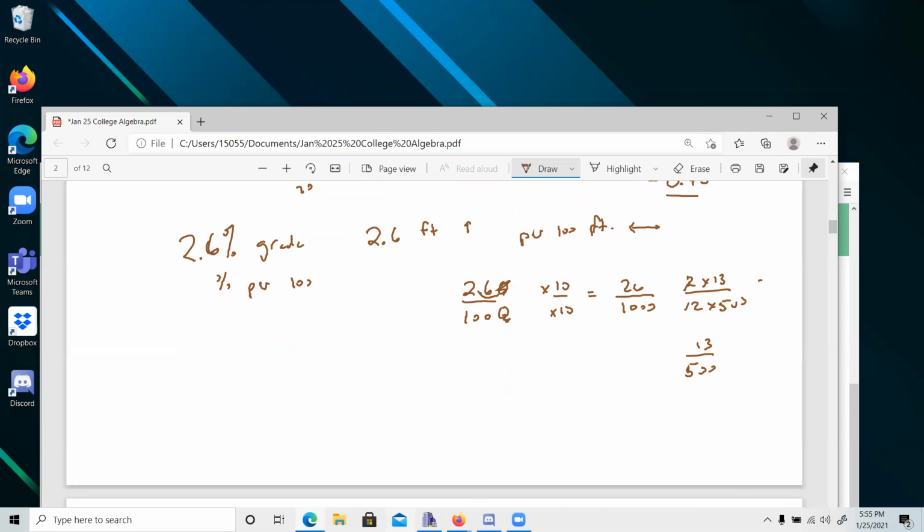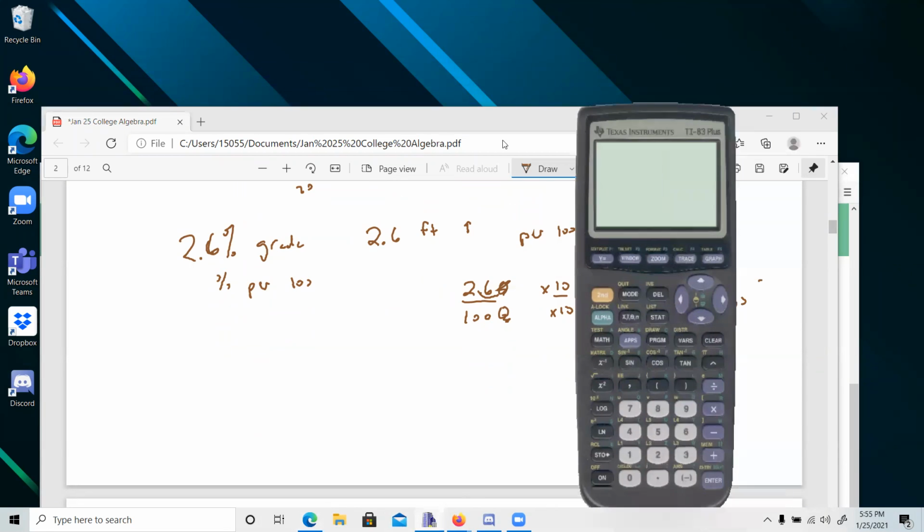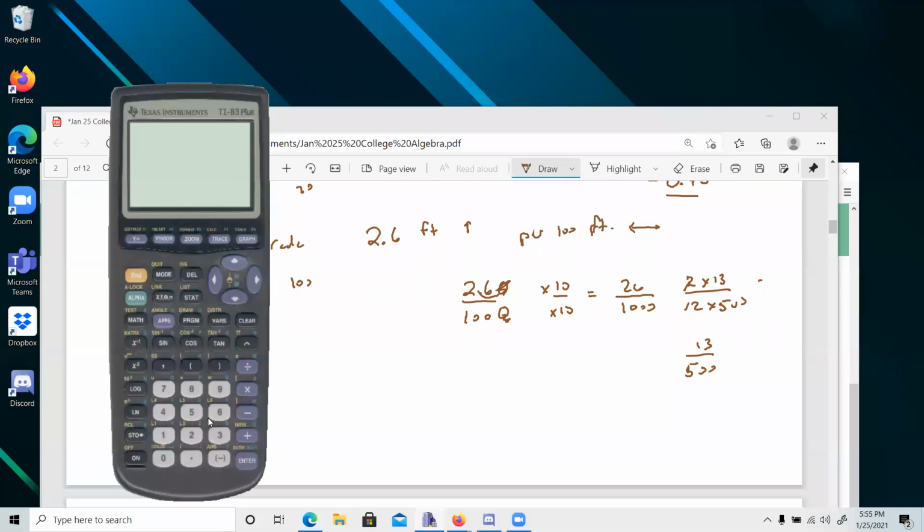Let me show you something. Okay. So if you type in 2.6 over 100, right? And then you go to math here, and you see this thing that says fraction? You just hit that, and that'll pop that right back up for you. So it'll automatically turn a decimal into a fraction for you.